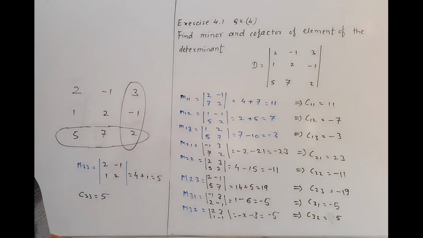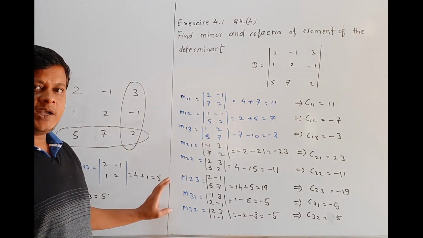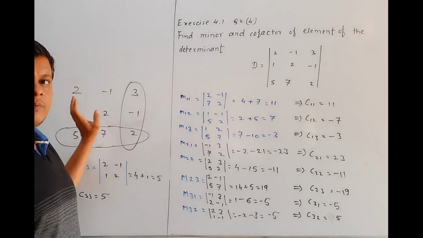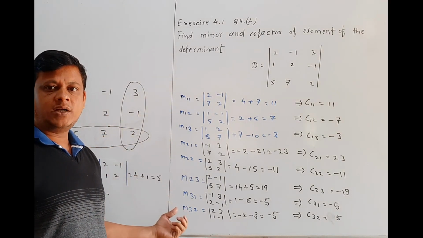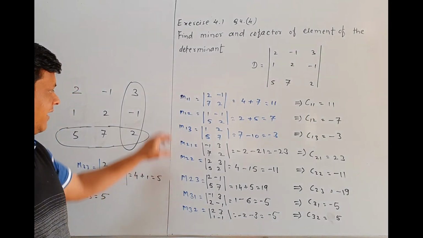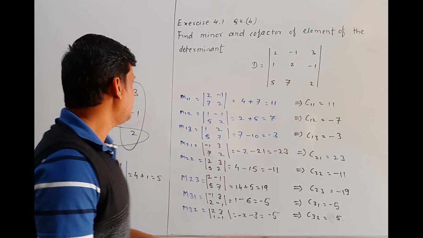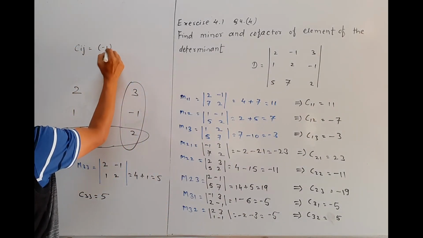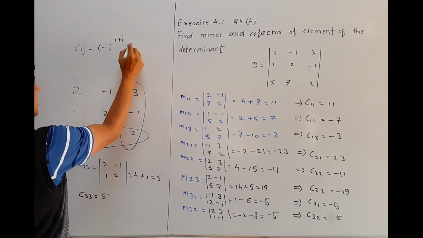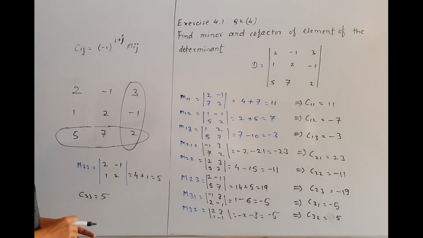So in this way we first calculate the minor by eliminating the row and column in which that element lies and calculating the determinant of the remaining elements, and from the minor we calculate the cofactor, or you can use the formula Cij is equal to minus 1 raised to the power i plus j into Mij for calculating the cofactor.